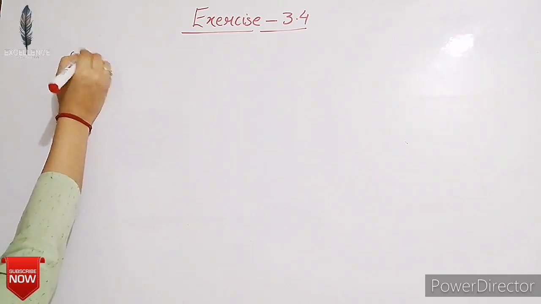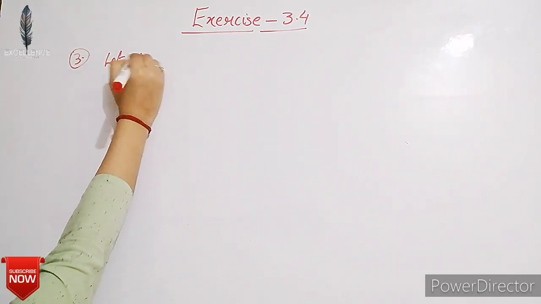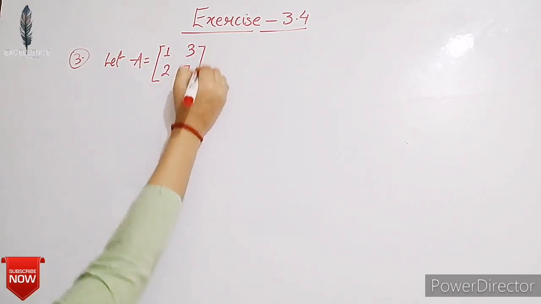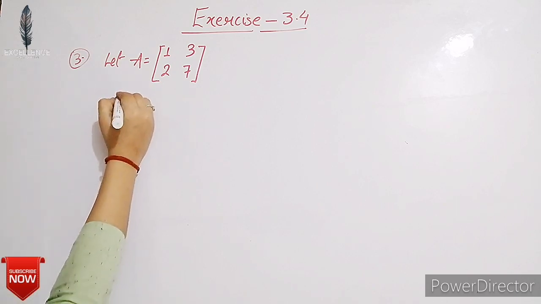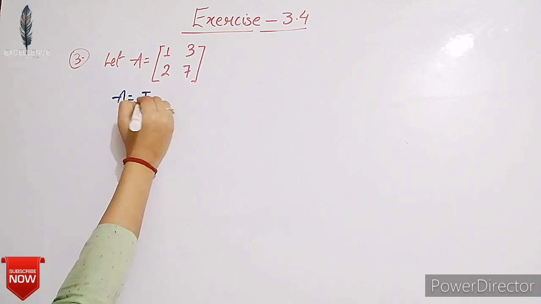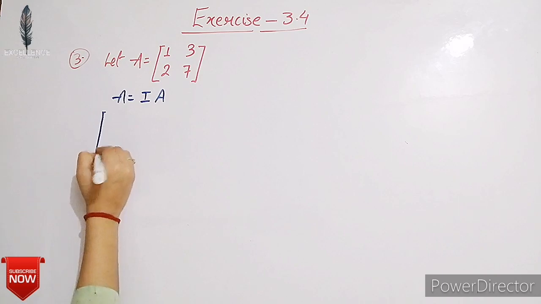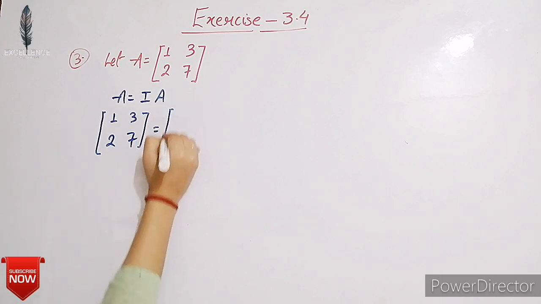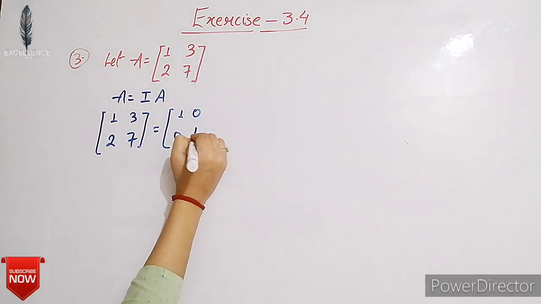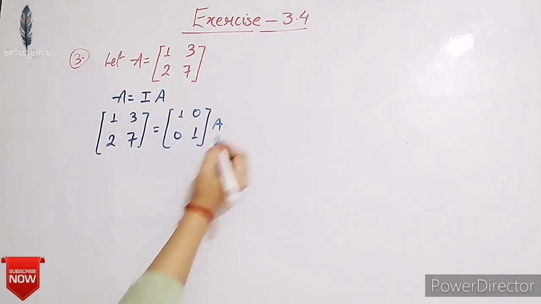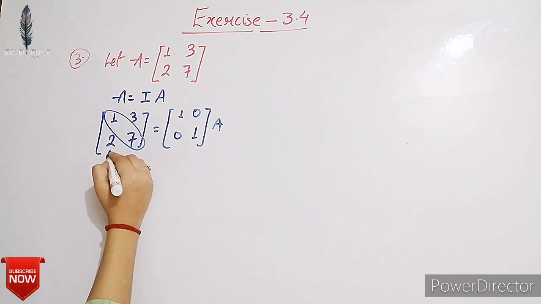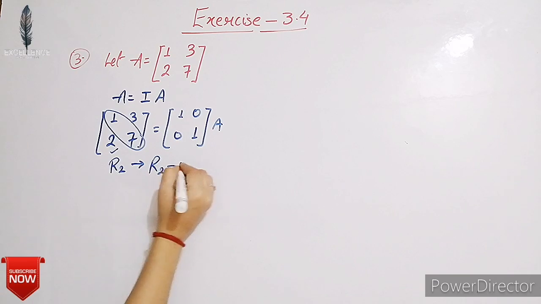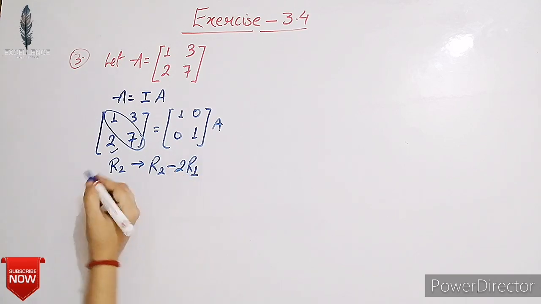Question number 3. Here let A equal 1 2 3 7. So the characteristic equation is A equals IA. Put the value of A, that is 1 2 3 7 equals 1 0 0 1 A. Now here 1 7 is the main diagonal, so change 2 into 0, that is R2 changes to R2 minus 2R1.